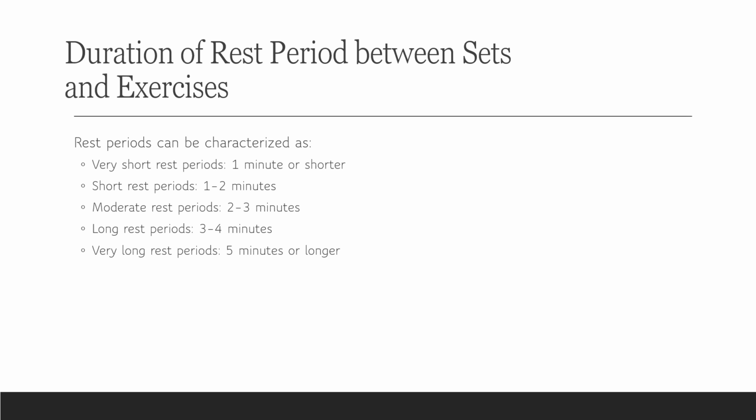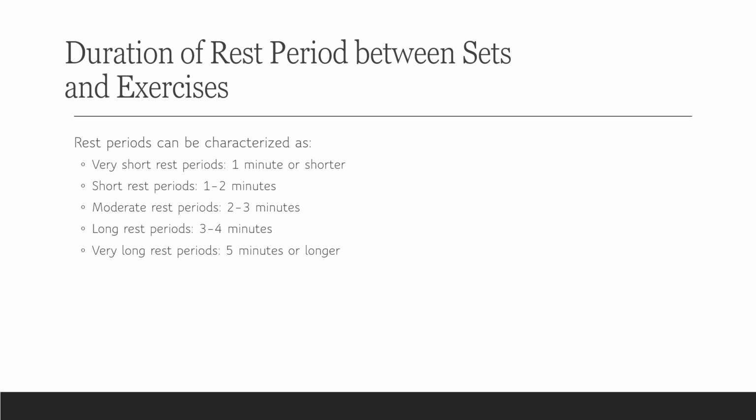Typical rest periods are characterized as either very short rest periods of 1 minute or shorter, short rest periods of 1 to 2 minutes, moderate rest periods of 2 to 3 minutes, and then long rest periods of 3 to 4 minutes, with very long rest periods being 5 minutes or longer.